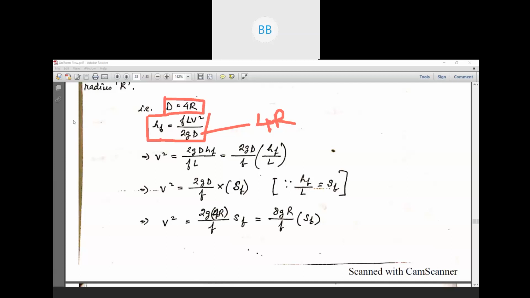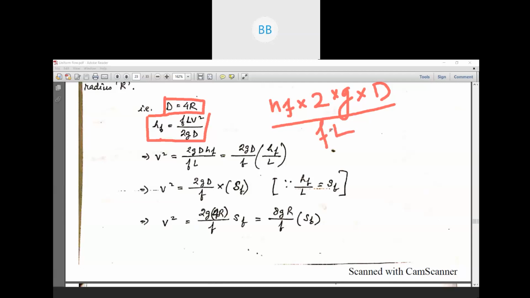From this equation, hf multiplied by twice into g into D divided by f L is equal to velocity square.